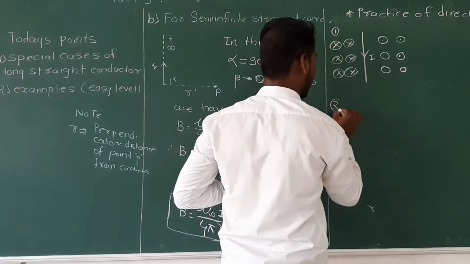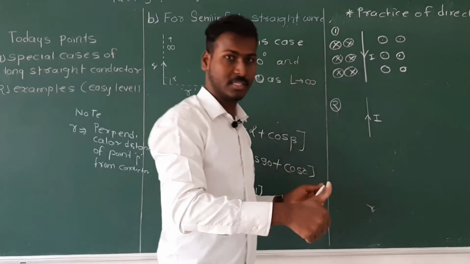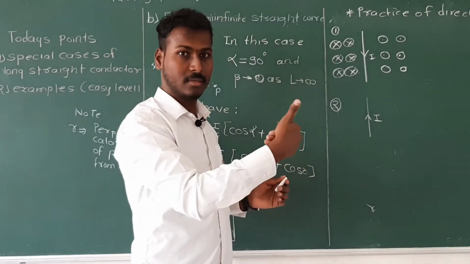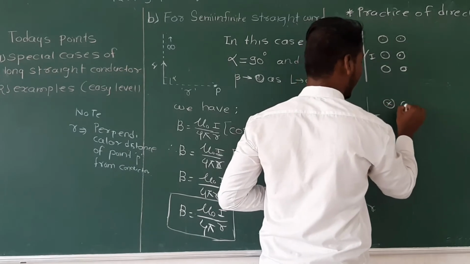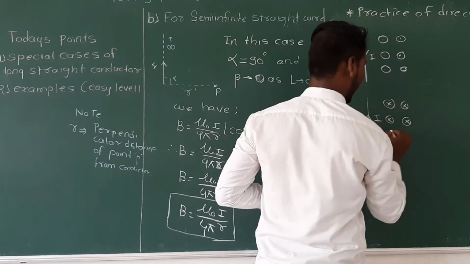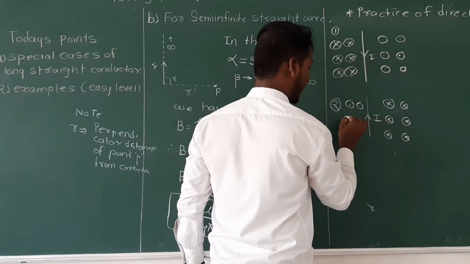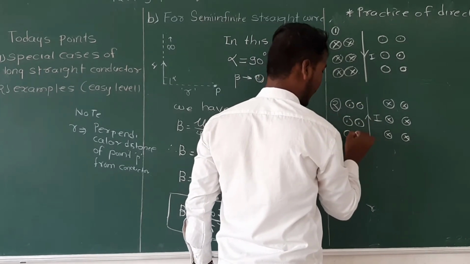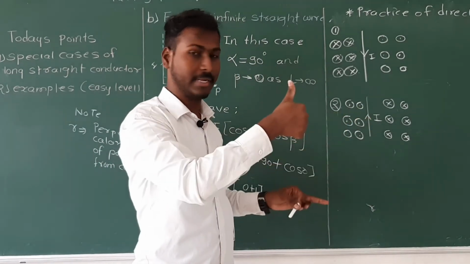For the second case, if the current is going like this, now it's very easy, you know that. See, so here magnetic field lines go inside, and for the other plane they are coming outside of plane. Once again see carefully, this is very easy, we are doing like this only.